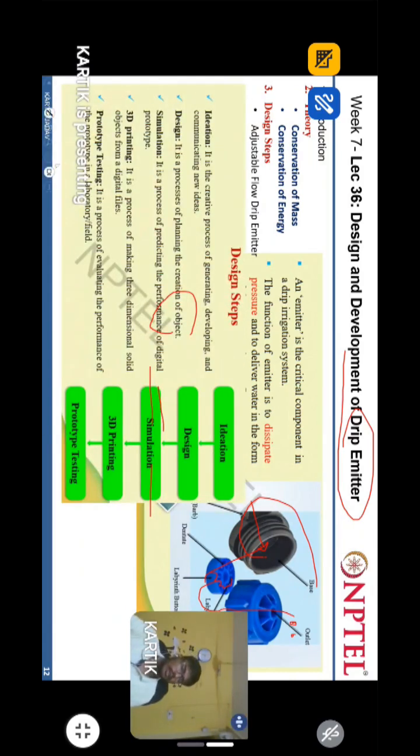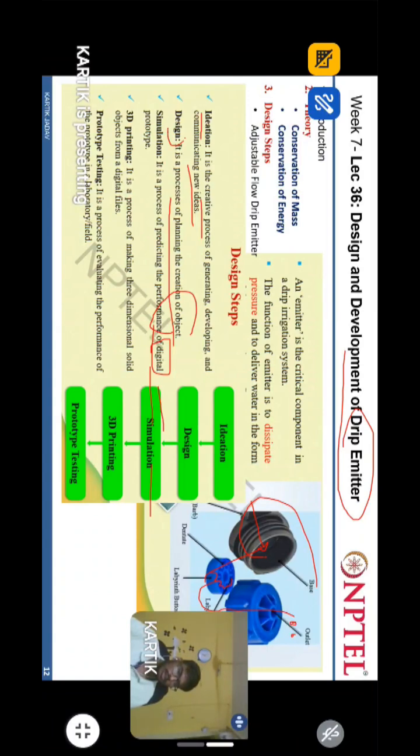Next, we saw the design steps in SolidWorks and 3D printing. The first component of the design is ideation: a creative process for generating, developing, and communicating new ideas. Next, we plan and create the project. Third, we predict the performance of the digital prototype.